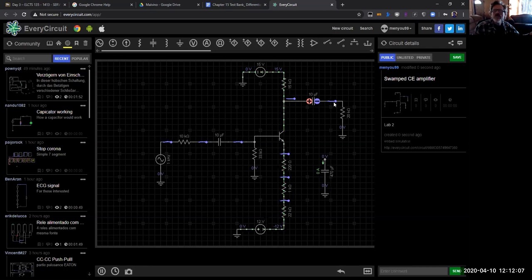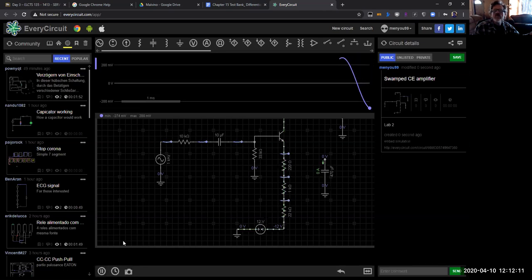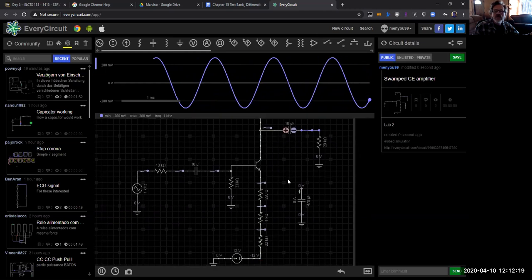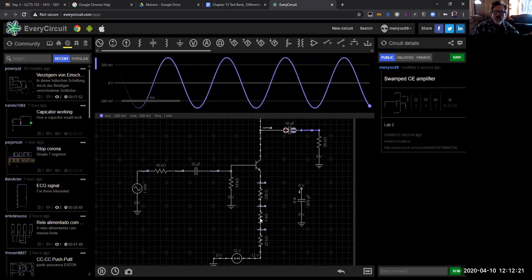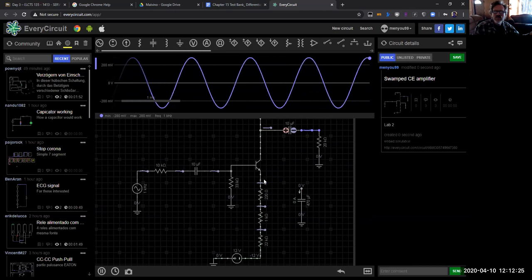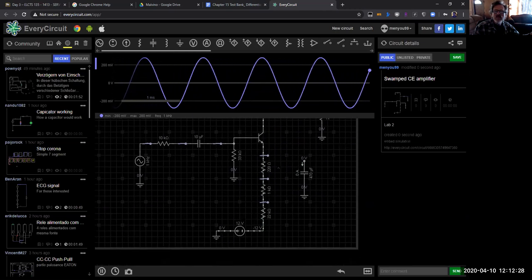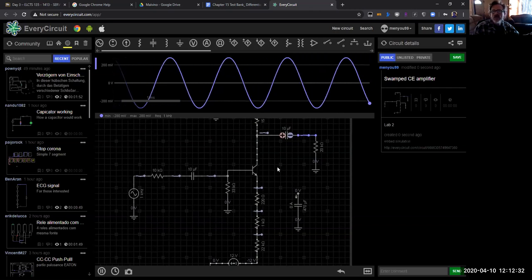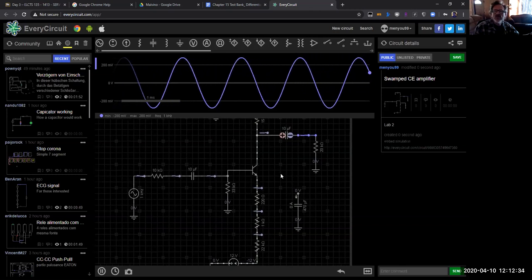The current is flowing, but if we observe our waveform out here, as far as what we're putting in, we're not really getting much of an amplification effect. The reason is from the emitter side here, see how we have these partial waveforms going on? This is what they call harmonic distortion, right?